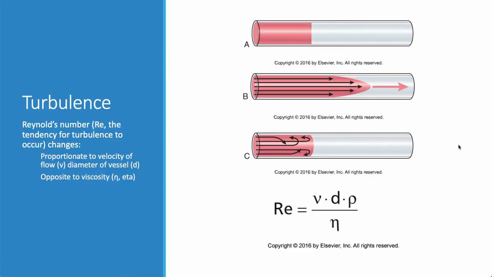Basic math, right? Now, let's talk about turbulence of blood flow. We all like to think that blood just flows through the vessels without any turbulence whatsoever, and that's just not the way that normal blood flow works. Physiologists and engineers and people like that use Reynolds number, or Re, as the tendency for turbulence to occur.